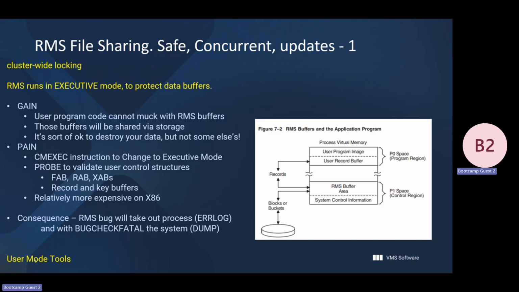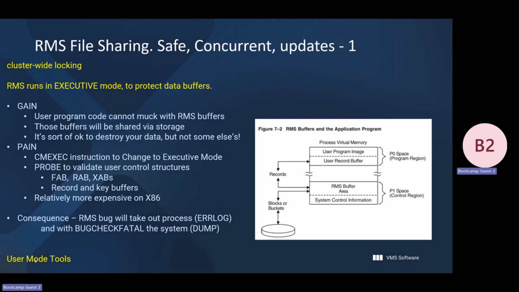In the process memory, you have your code and your user buffer, and now you tell RMS, go fetch me some records. RMS has space in executive mode, protected where your program cannot override it. So the gain is the user program cannot muck with RMS buffers. That's the gain and the goal.